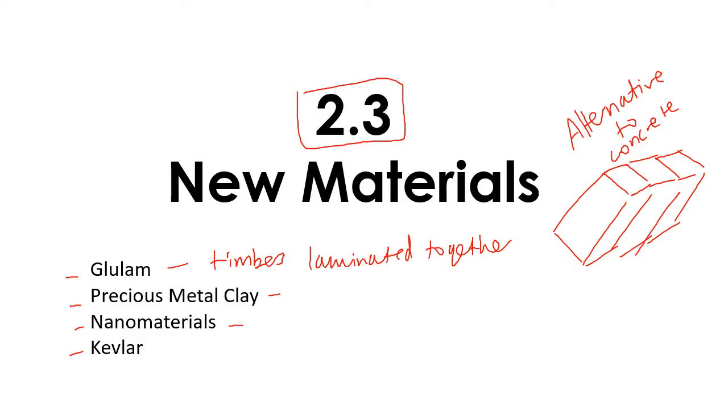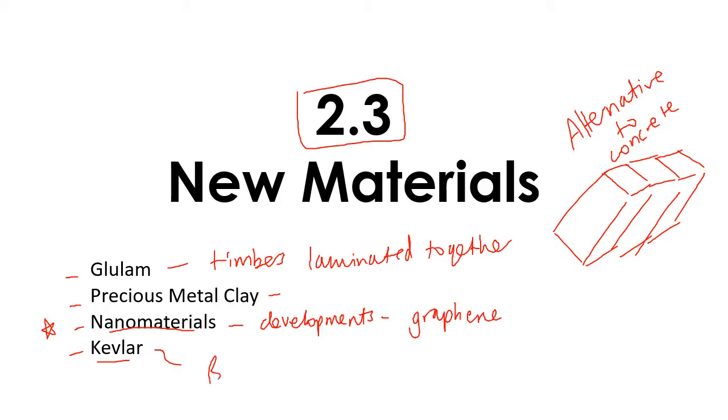Nanomaterials you might want to have a look at. There are big developments in nanomaterials, things like graphene. So have a look at nanomaterials if you're unsure about that. Most of you probably are, so maybe have a quick look on YouTube about nanomaterials and get a little bit of information behind you.